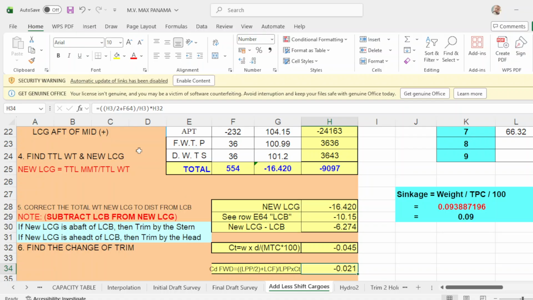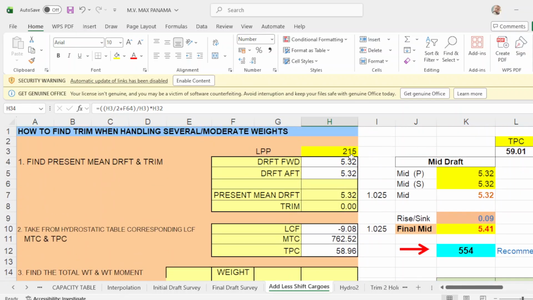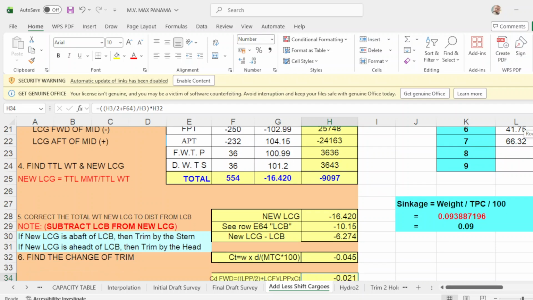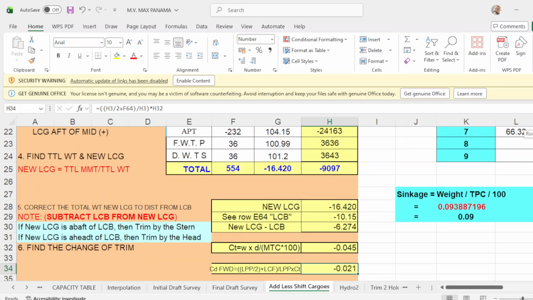Your LPP is H3, so you go to H3. This is your LPP. So half of 215 will be 107.5, plus your LCF.